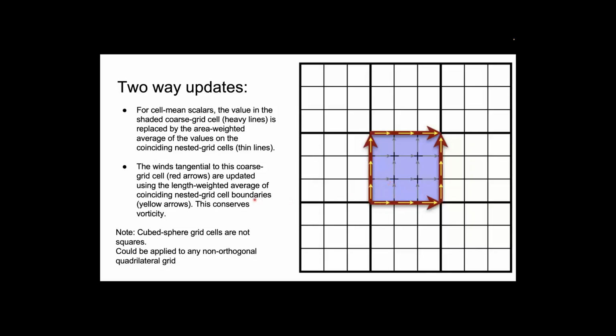What we do here is a length-weighted average, so the small yellow arrows will give us this big arrow for the coarse grid result. It's worth noting that for a cubed sphere, the grid cells are not squares. This is a simple schematic, and the algorithm can be applied to any non-orthogonal quadrilateral grid.